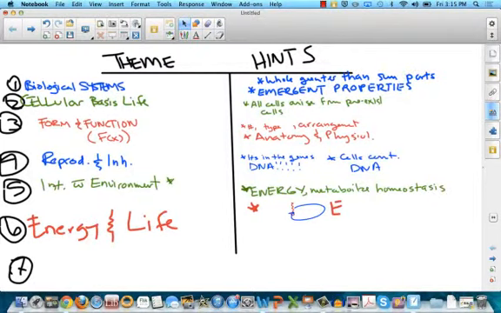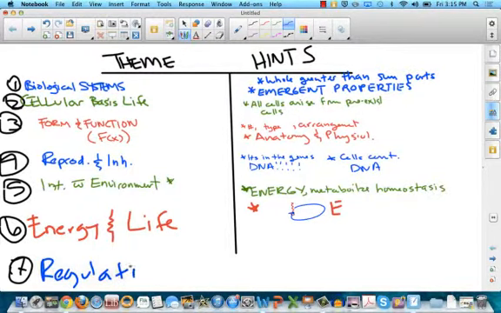Okay? 7. I know, I'm running out of room. We'll move to another slide. Regulation. I'm just going to say thermostat. Okay, regulation. How does our body adapt to changes from the environment?